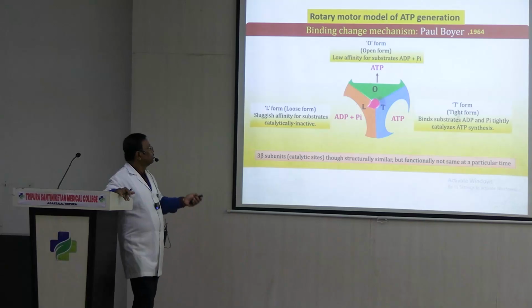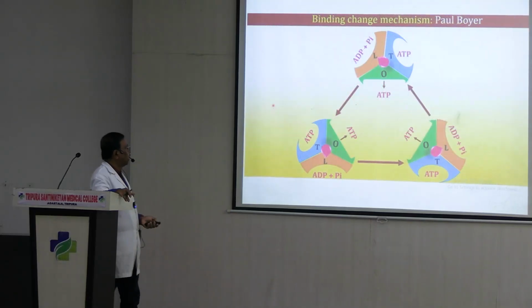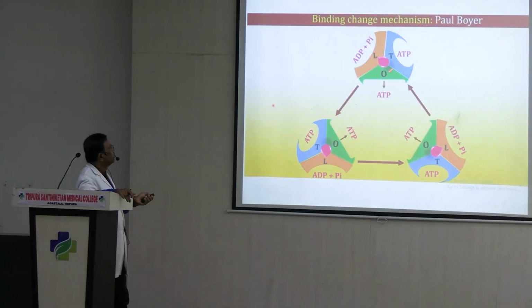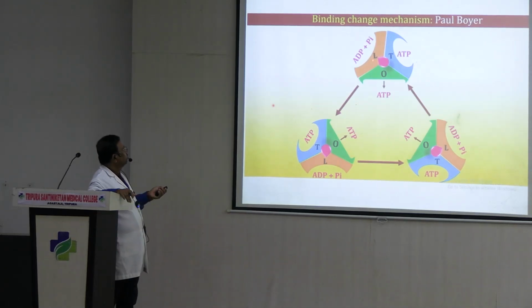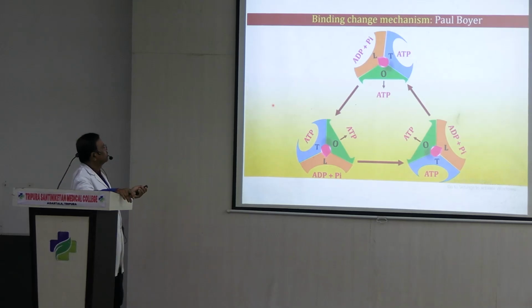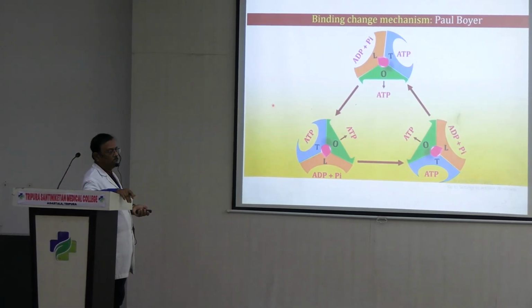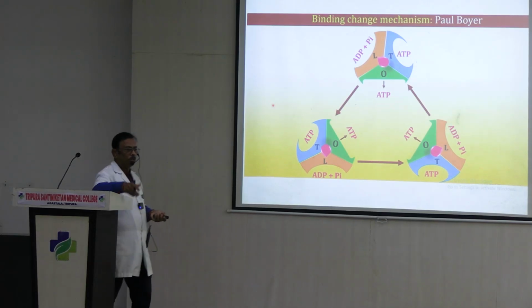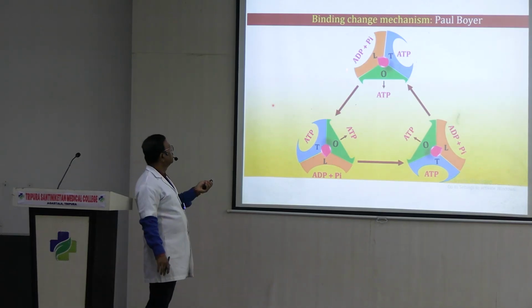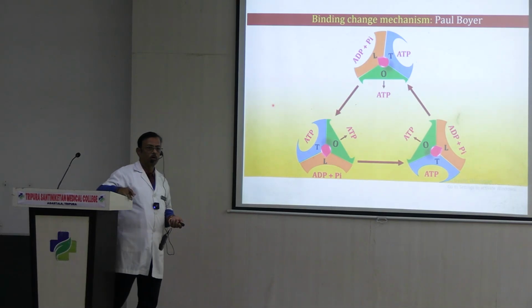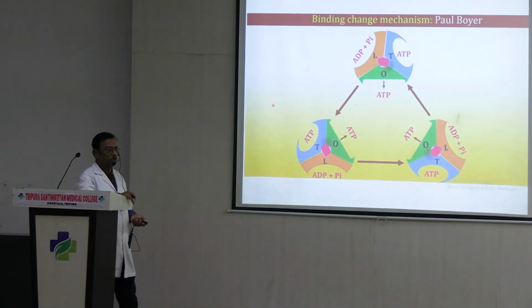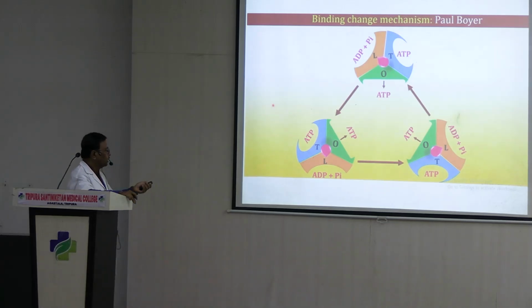Okay. Now suppose here, let's take from L. This subunit, it has loosely bound to ADP and PI. In the next, when this gamma subunit rotates, it changes its conformation from L to T. Okay, it is not rotating, it is just changing the conformation.